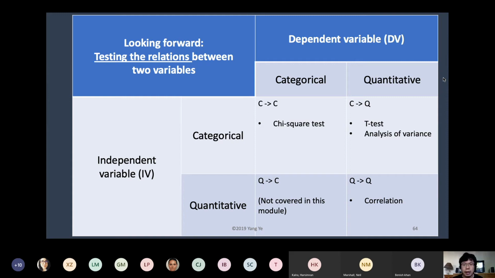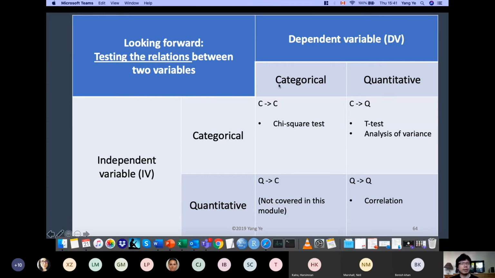For the CQ relationship, we use the t-test or analysis of variance. For QC, it's not covered. And for QQ relationships, we use correlation or regression. These are for lecture 5 or 6 and onward.